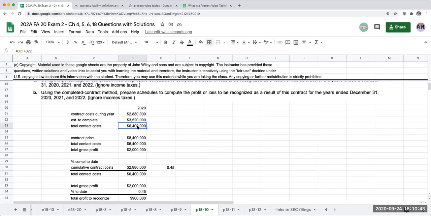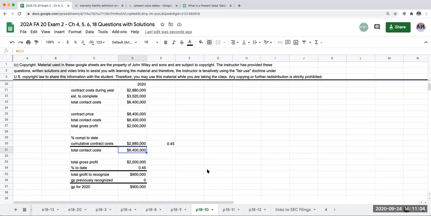So my total gross profit for this job will be approximately $2 million. Therefore, during the current year, I should be able to recognize gross profit to the extent of the work I did this year. So here I'm 45% through, or this cost to date, and then I'm dividing this by my total contract cost of 6.4 million.